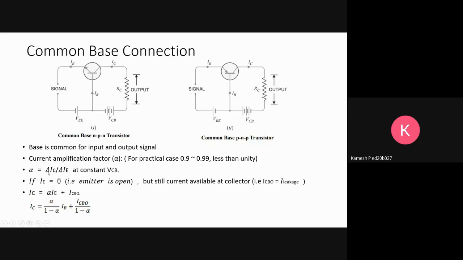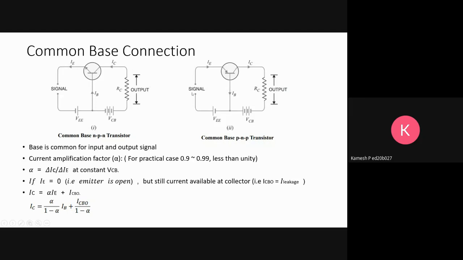Alpha is equal to delta IC by delta IE, generally the ratio of collector current to emitter current.